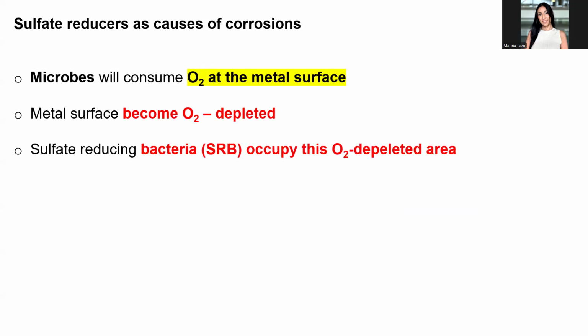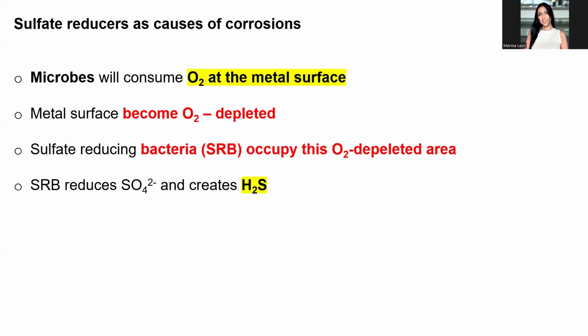And sulfidogens or sulfate reducing bacteria will occupy this oxygen depleted area because they are anaerobic, so they just like to live when there is no oxygen. And when they respire the sulfate available in our oxygen depleted area, they can create hydrogen sulfide.